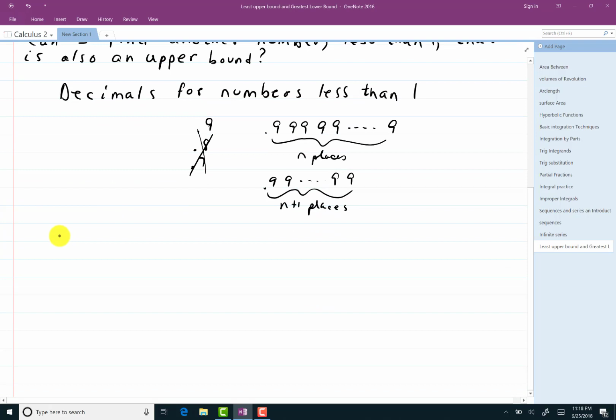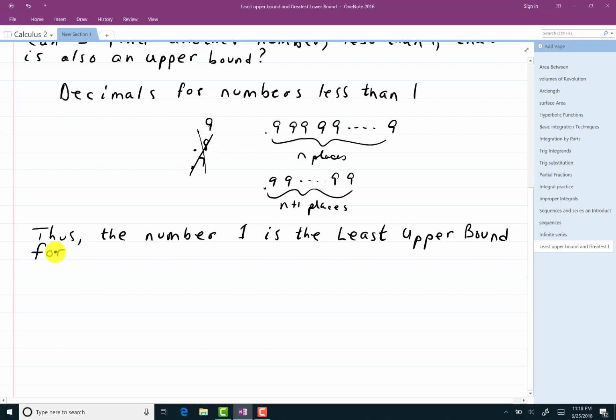So what we have, thus, is the number 1 is the least upper bound for the set 0.9, 0.99, 0.999.